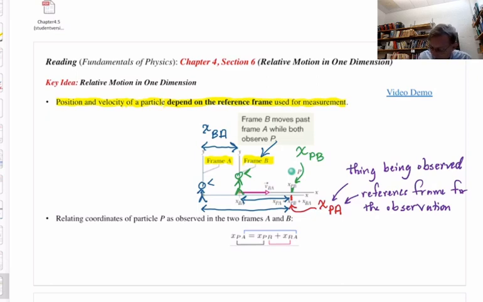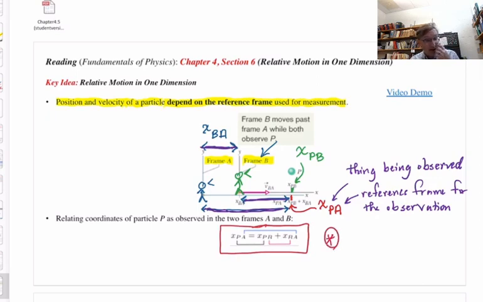This distance right here, xPA, is equal to this distance right here, xPB, plus this distance, xBA. And that's all. That's the main observation you have to get. And here it is written right down here. But it's very important. I'm going to put a star by it. It's going to be our relative motion relationship. And it tells us how to relate the x-coordinate of the particle in frame A to the x-coordinate of the particle in frame B.